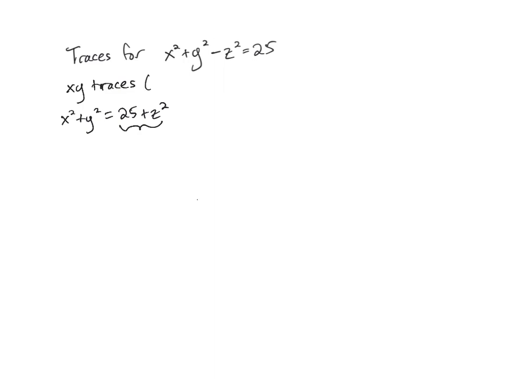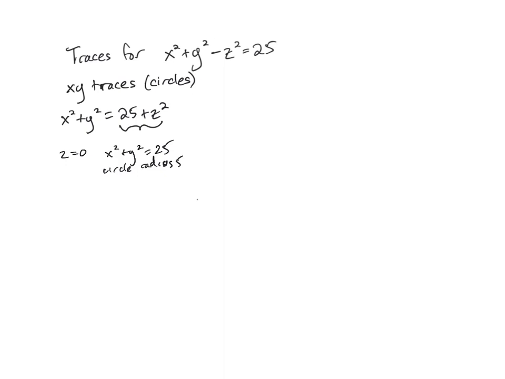Now that is, however, a fairly simplified description of the information that I can get out of this. I can get additional information if I think about the different possibilities based on the different values of z. So for example, if I were to use z equals 0, then I'm going to get x squared plus y squared equals 25, which is specifically a circle with radius 5.